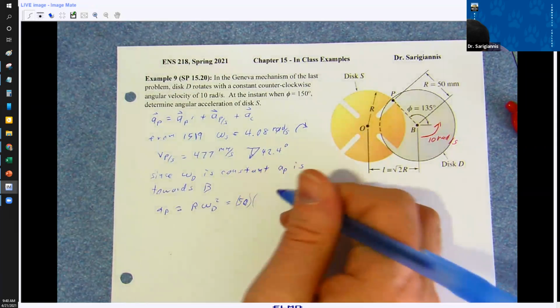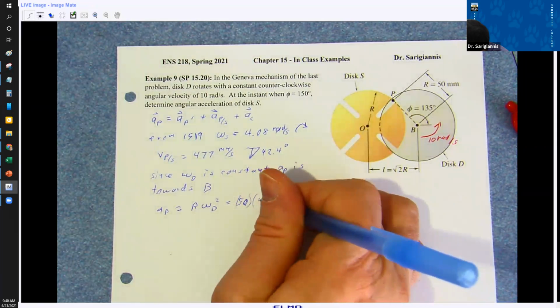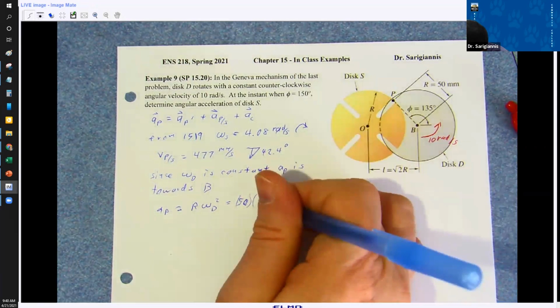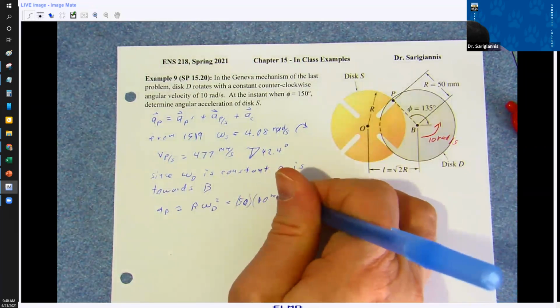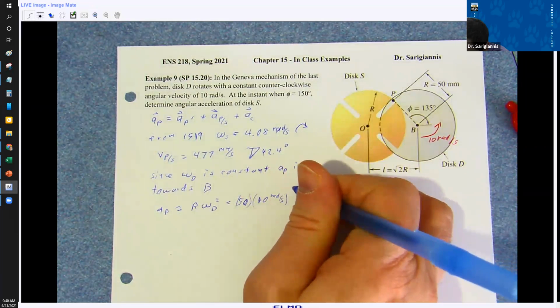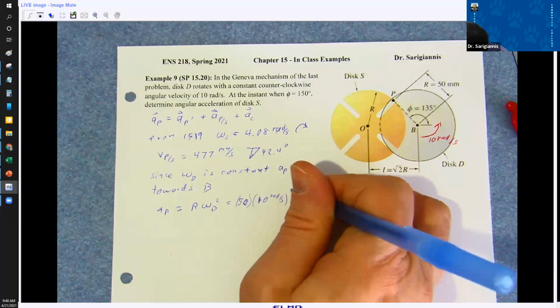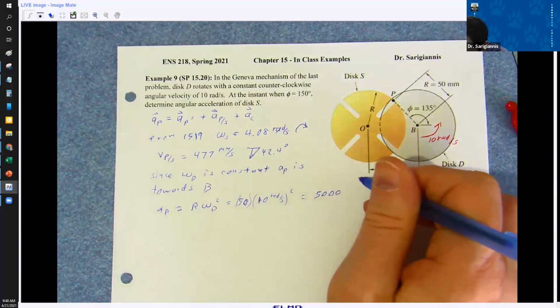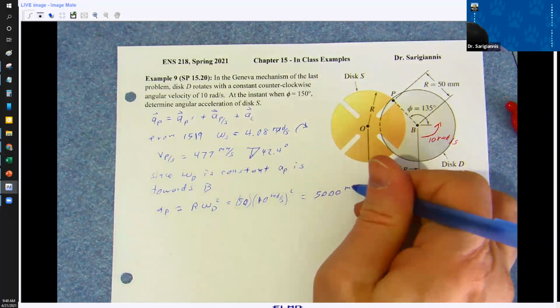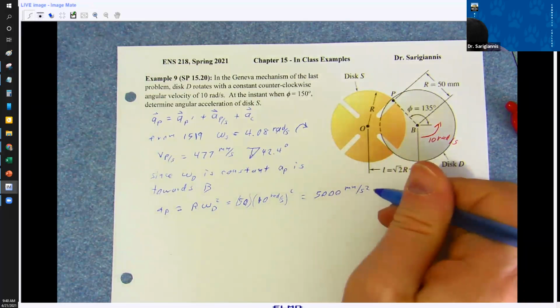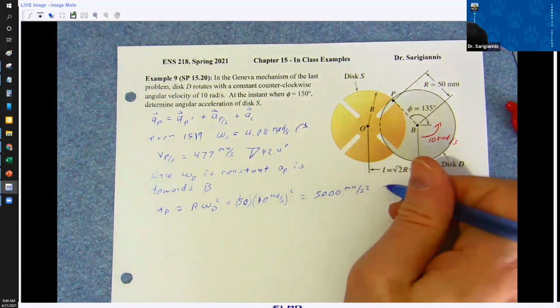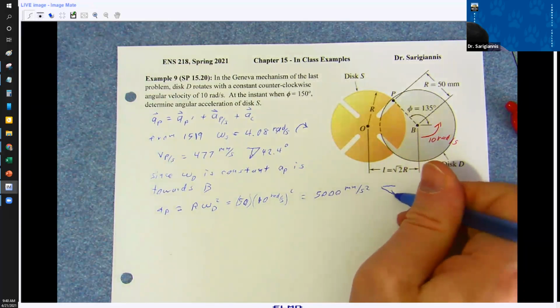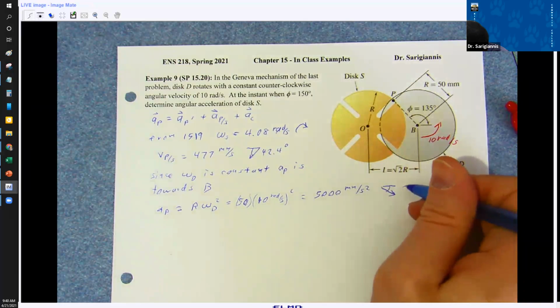So 50 times, what did I say? 10 radians per second squared. This is omega D here. So we got 5,000 millimeters per second squared. And this is at an angle of 30 degrees.